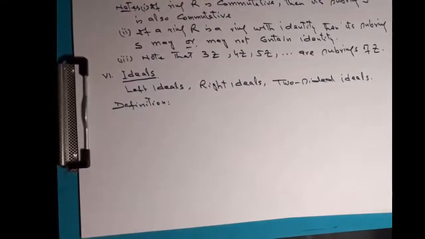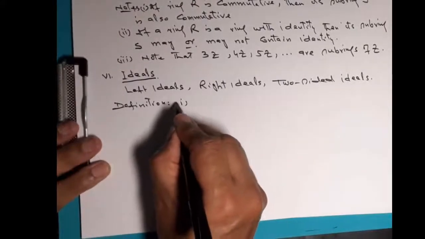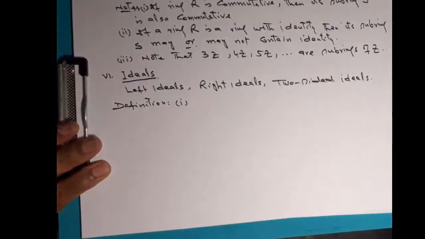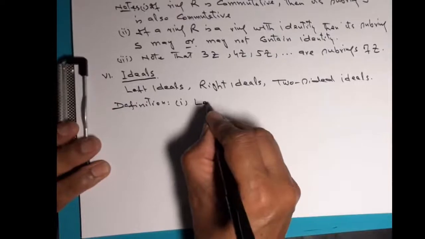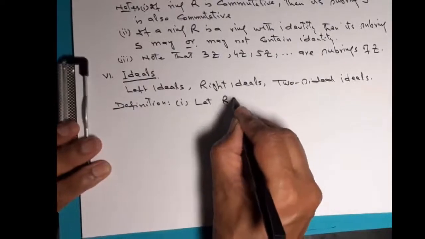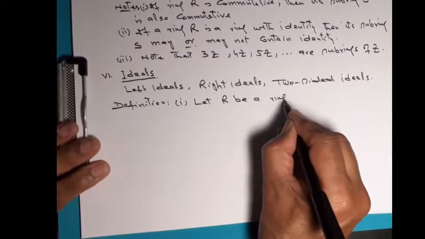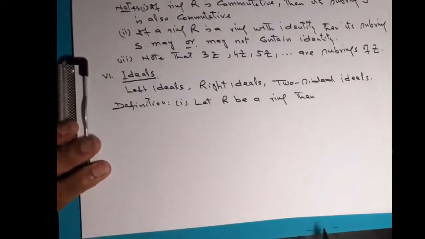First of all, we define left ideal. Let R be a ring, not necessarily commutative. Ideals are sub-rings in fact.